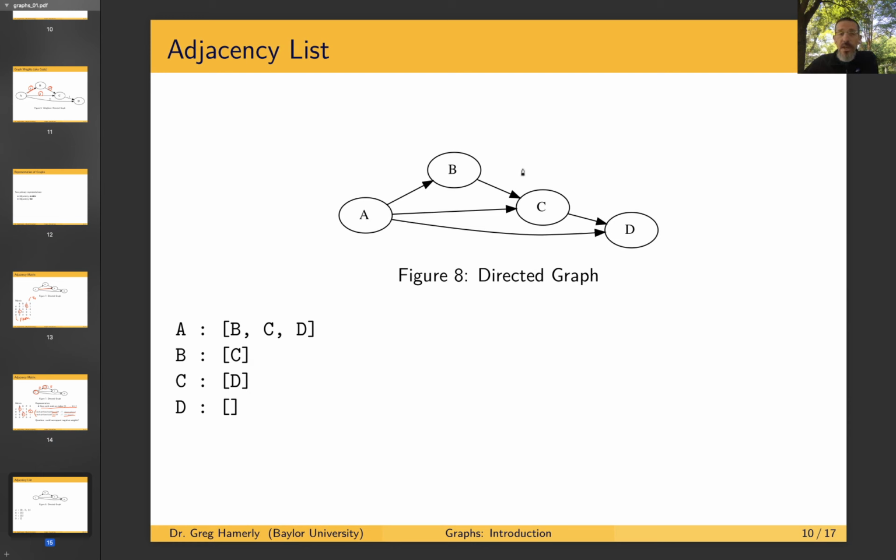So if you look at the same exact directed graph, from A, we have edges to B, to C, and to D. So this list represents the fact that there are 3 edges from A to B, C, and D. This list represents A as the source and B as the tail, or A as the source and C as the tail, or A as the source and D as the destination. From B, we only have one outgoing edge to C. From C, we have one to D. And from D, we have no outgoing edges.